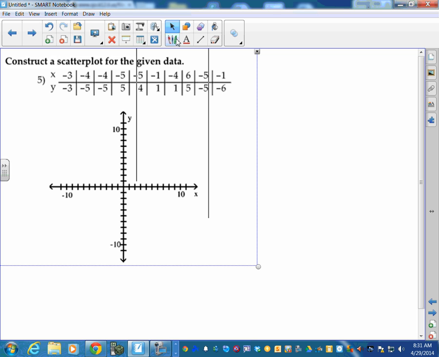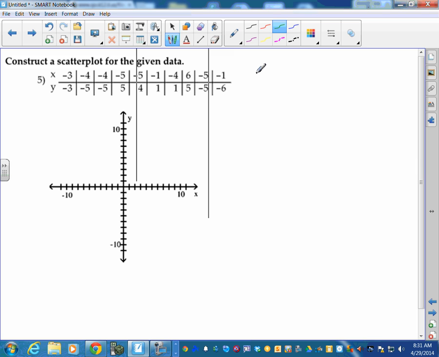So, you're going to put the information into input data, L1 and L2. Input data L1, L2.